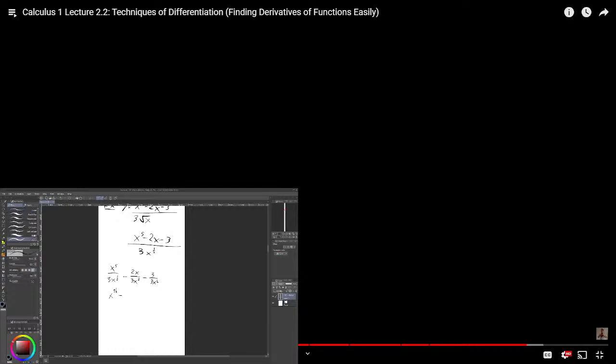A third x minus 2/3 x to the half, minus x to the half. I didn't think about that.